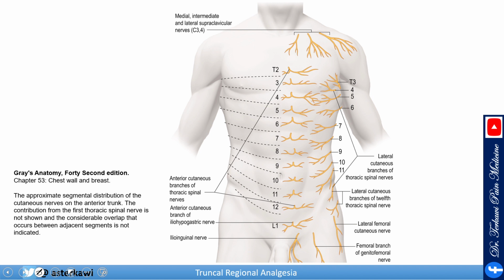So if you think about it, the chest is mostly from T2 up to T5, maybe T6, but the abdomen is mostly from T6 all the way down to T12, and this is an ABA exam question, by the way.